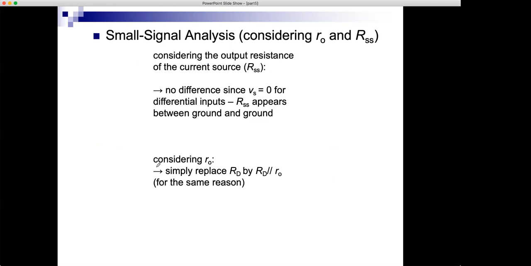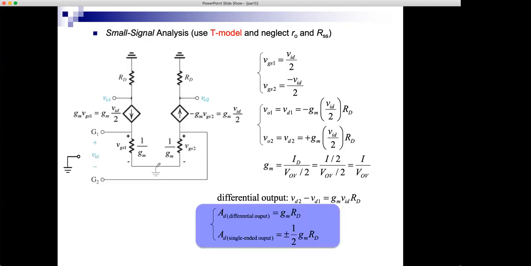What about small RO? Back to here, I will draw it. It will appear like this. So our friend small RO is actually connected from the output to the virtual ground. And this means that it's, in this case, connected in parallel with RD, because RD is connected from the output to ground and RO is connected from the output to ground. So I don't need to repeat the analysis. I'll just take these results and modify them.